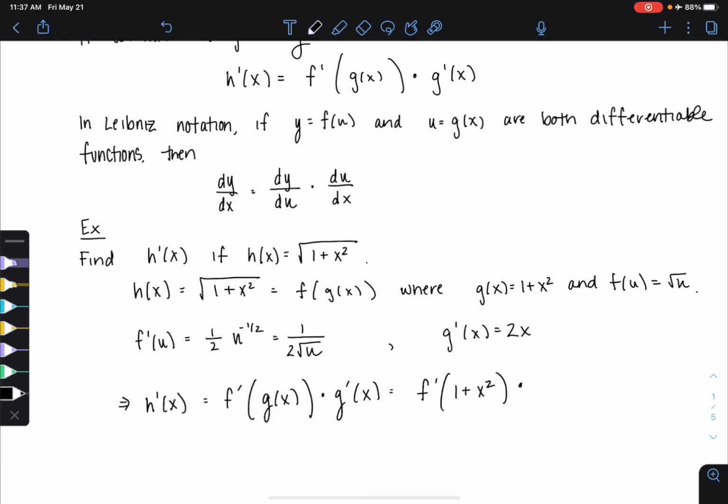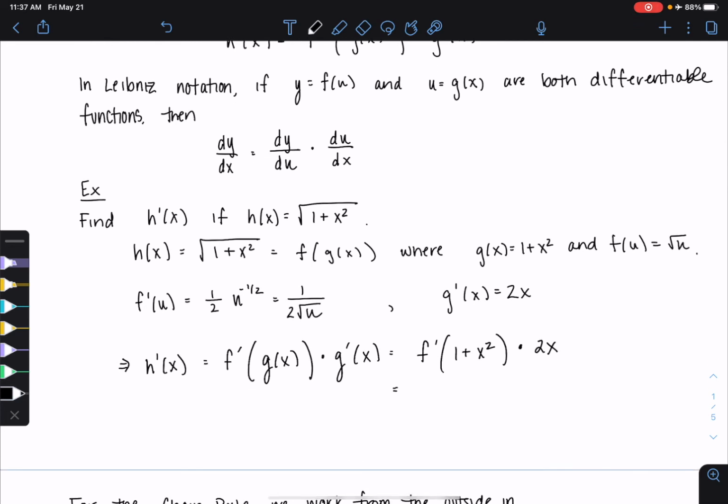And then we multiply by the derivative of g of x, which is 2x. If I plug 1 plus x squared into this function, all that does is put a 1 plus x squared here. So this becomes 1 divided by 2 square root of 1 plus x squared, multiplied by 2x. And those 2's just cancel. Ultimately, the derivative of this composite function is x divided by the square root of 1 plus x squared.